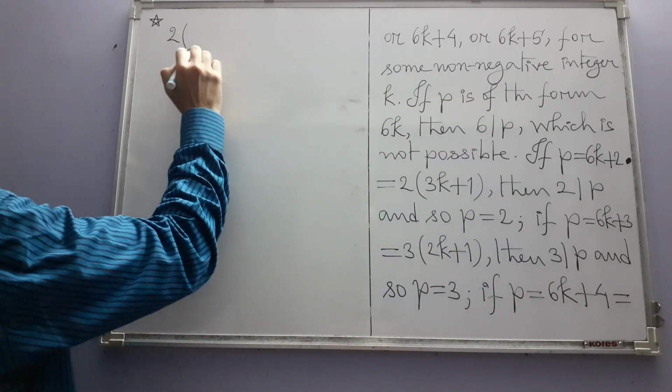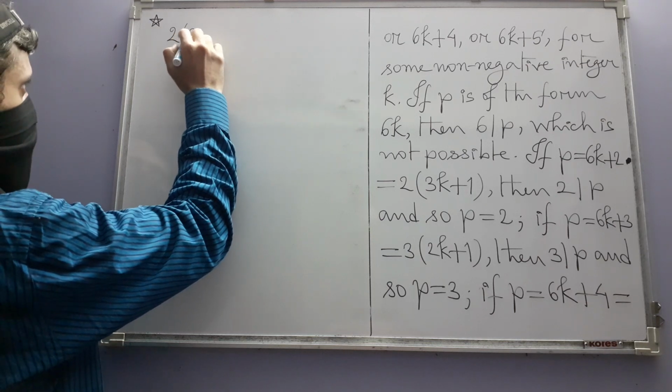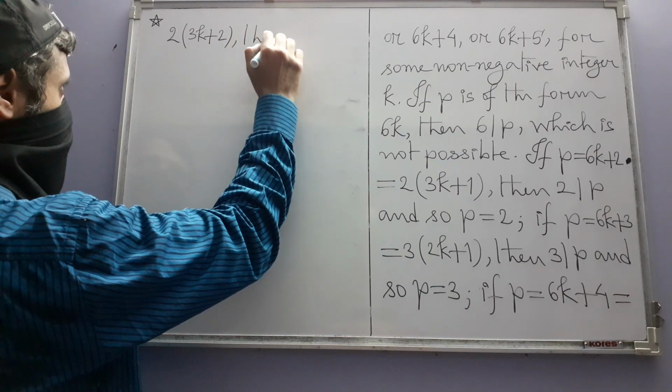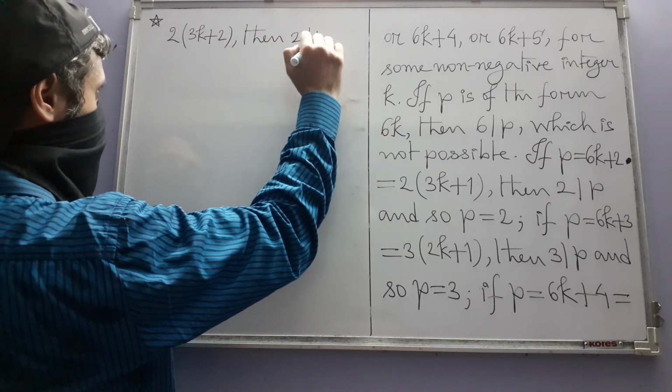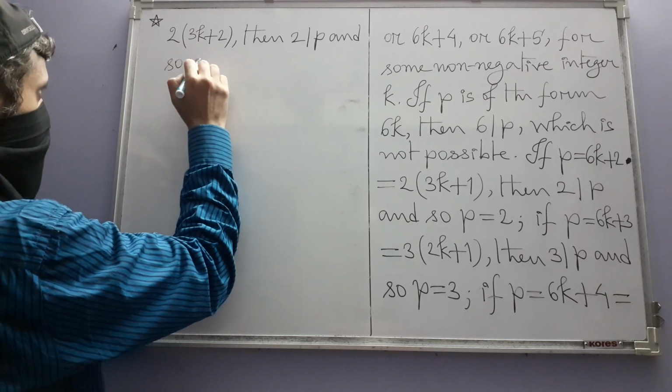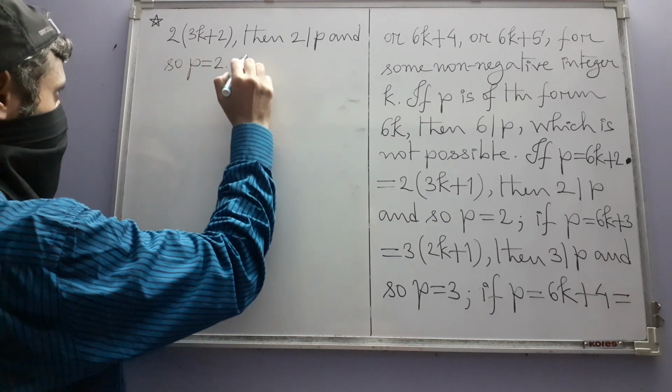Then again, this is 2 times 3k plus 2, then 2 divides p, and so p is equal to 2.